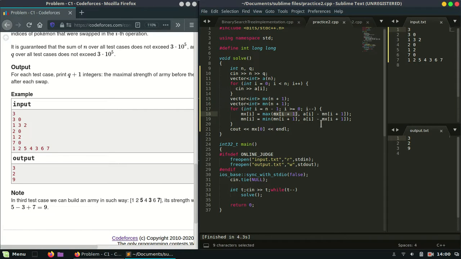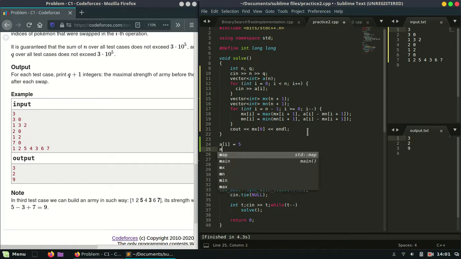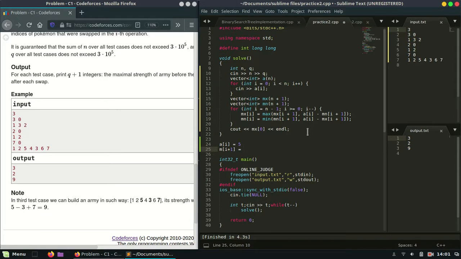Here, if ai minus mx i plus 1 is greater, then mx i will be that number, and if mx i plus 1 is greater, then mx i will be that number. Suppose in this case ai is equal to 5, and mx i plus 1 is equal to, let's say, 2.